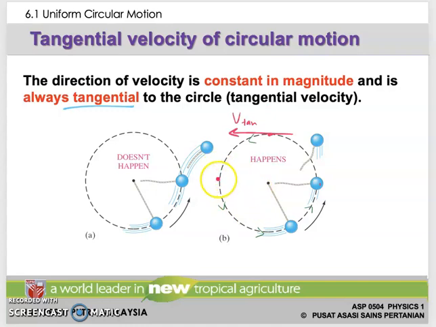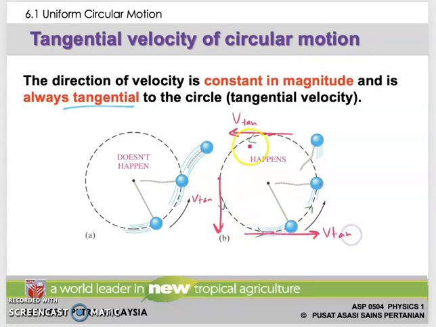And what if I'm interested here? The V is touching the point that I'm interested in, and this is the direction of my V tangential. It's downwards. And the direction of V tangential over here is to the right.